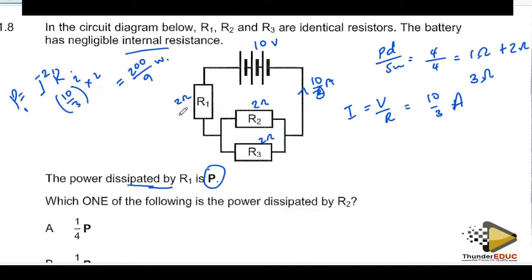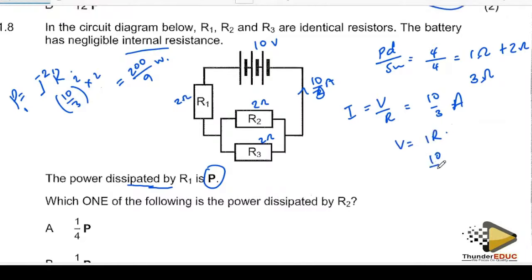Then what will be the voltage of R1? The voltage of R1 is going to be 10/3 times the 2, which is 20/3 volts. But if my original was 10, then I'll have 10 minus 20/3, which gives me 10/3 volts as well.